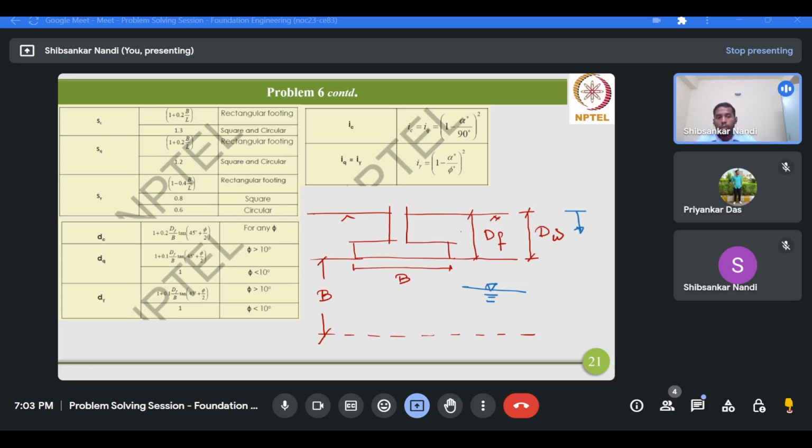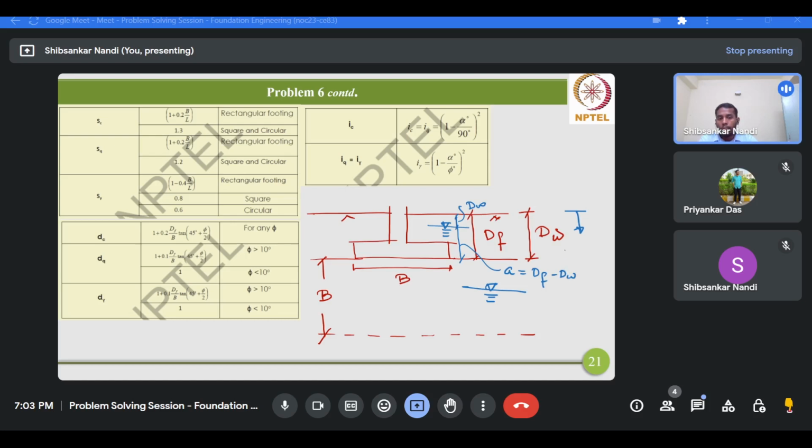Suppose the dW is something like here. This dimension is your dW, and suppose this dimension is your A, in the sense Df minus dW. Then this part is submerged, so when you calculate the effective overburden, you have to take the bulk unit weight for calculation of stress for the part dW, and for the part Df minus dW you have to consider the submerged unit weight.